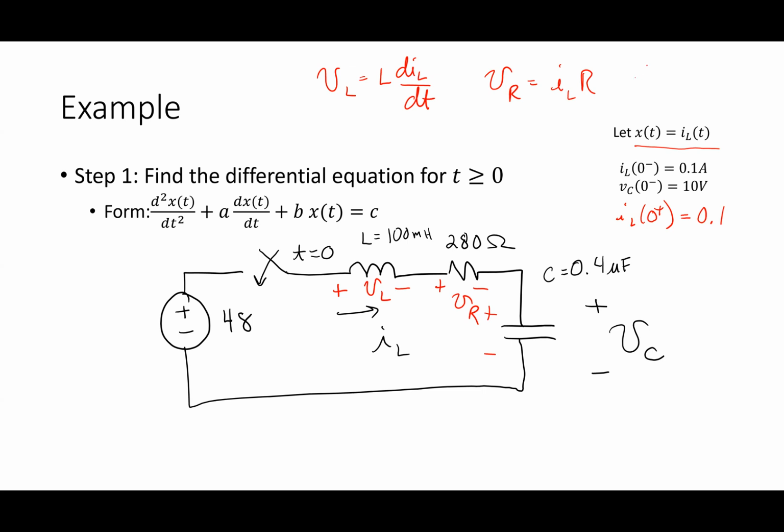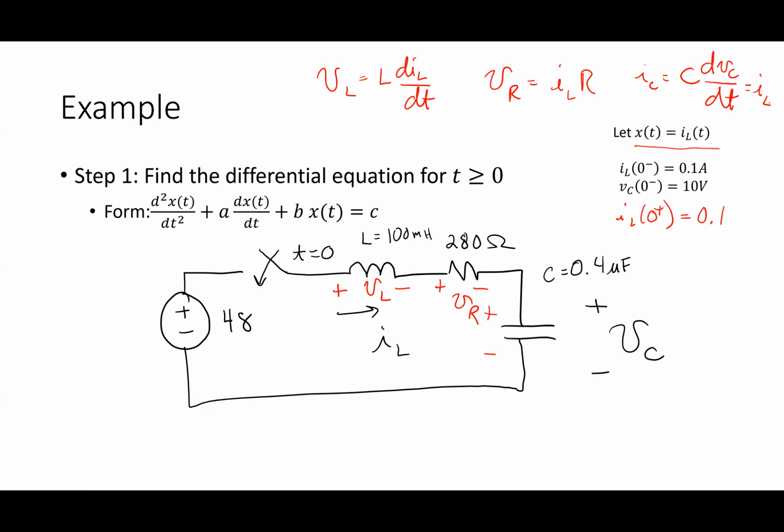Yeah, so IC is equal to C dV/dt. And what do I know about the capacitor current and the inductor current? IC and IL are the same, because they're in series with each other. They have to be the same.